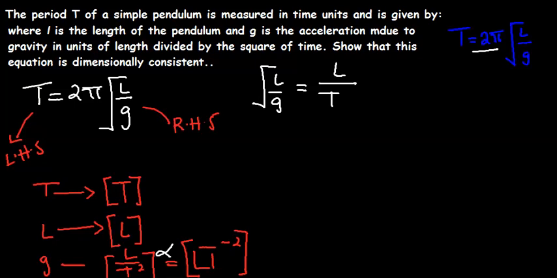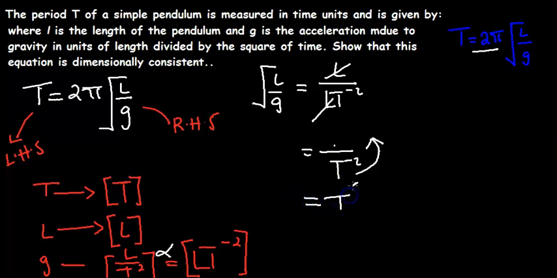Sorry, I want to write LT^-2. Now the length cancels out. This is going to be the division of T^-2. And if we take it upward, we are going to neglect the negative sign, which is simply going to be T to the power of 2.